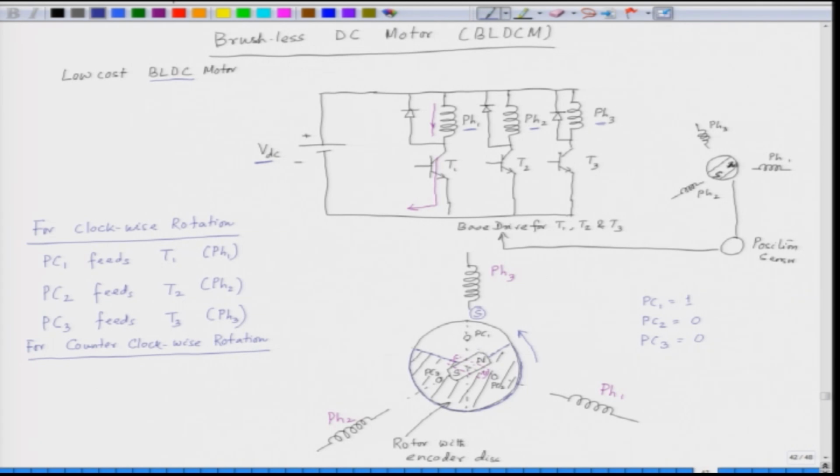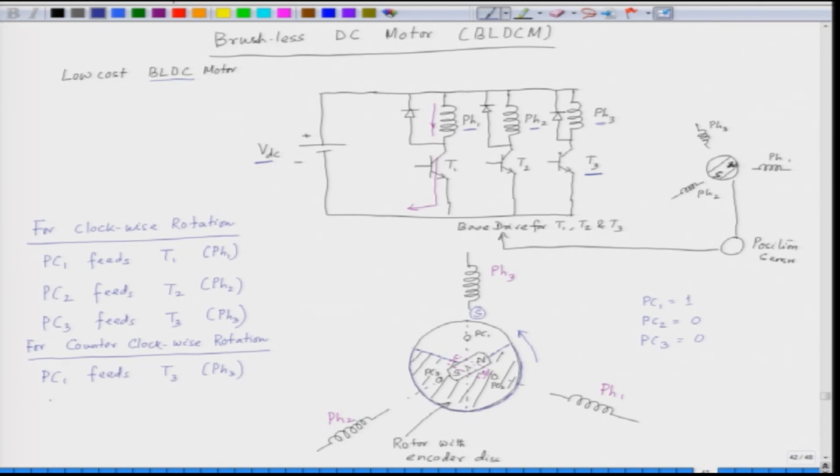So, here PC3 or PC1 has to feed phase 3 or T3 transistor. So, T3 transistor has to be energized, which will be energizing the phase 3. So, in this case PC1 feeds T3, which is connected to phase 3.